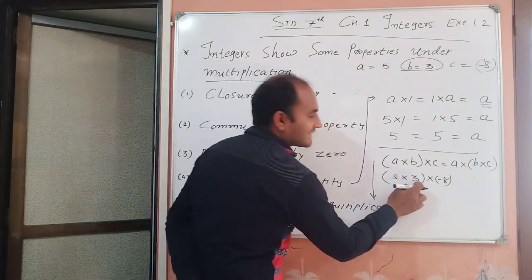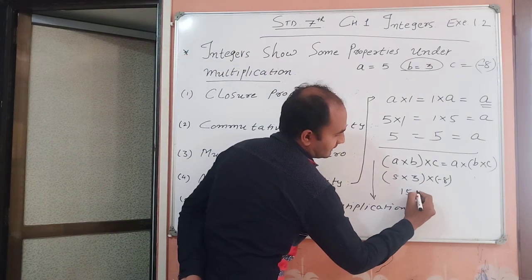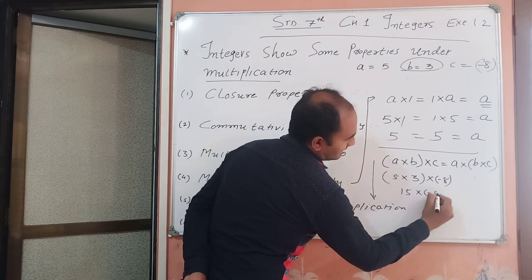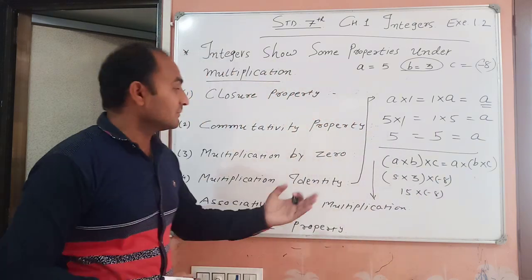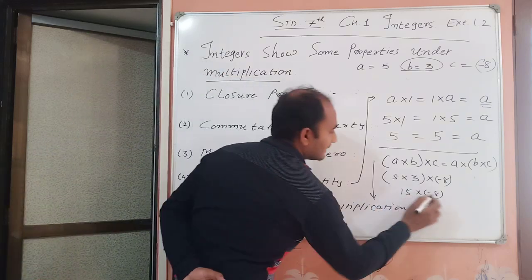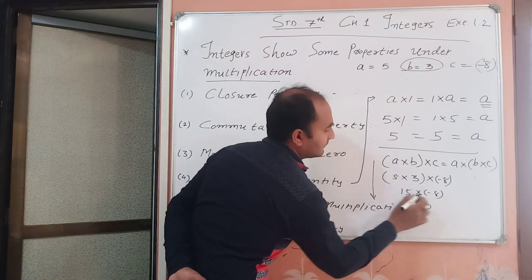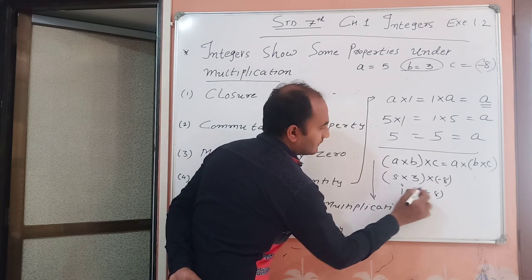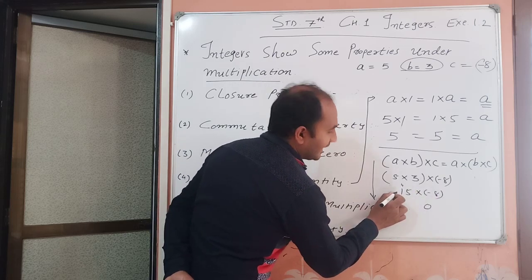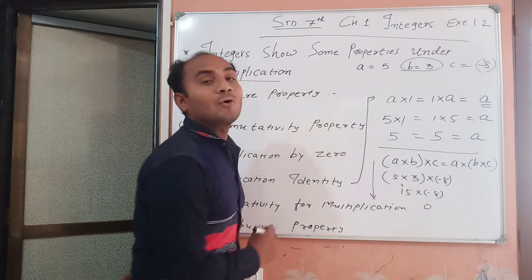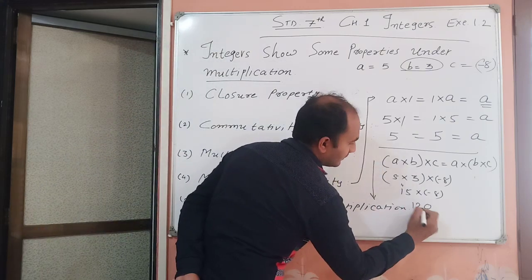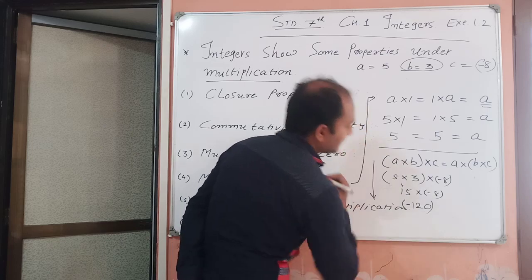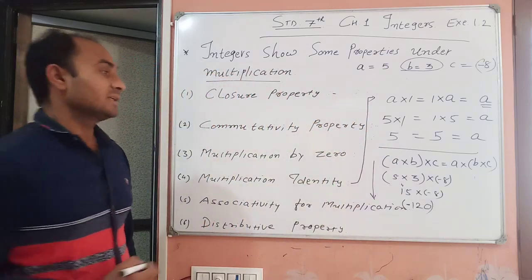So 5 3s are 15 into minus 8. 15 times 8, what is the answer? 8 4s are 40, 8 ones are 8, then plus 4, that makes 120. Here the answer is minus 120.